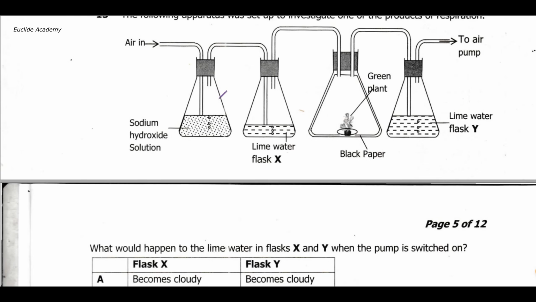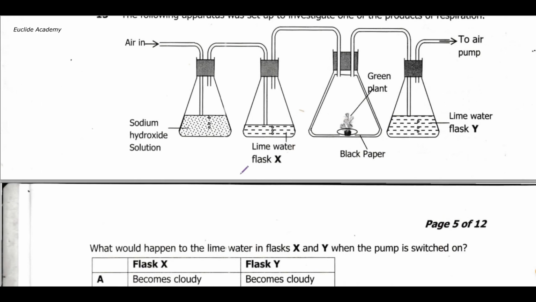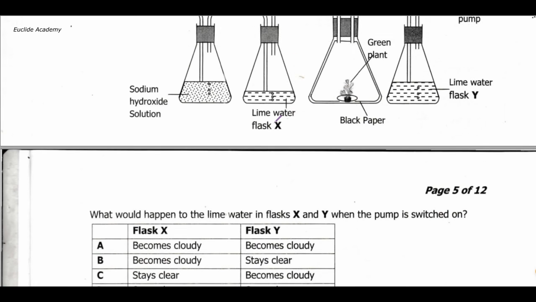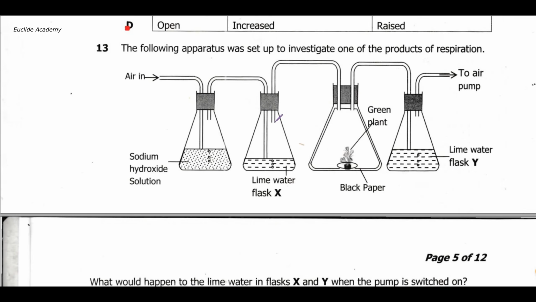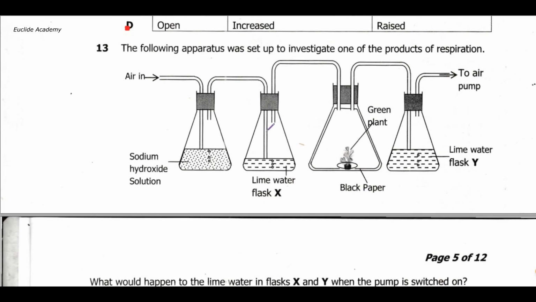So we expect this air not to have carbon dioxide, and as it comes here, we don't expect the lime water to do anything because there's no carbon dioxide. The test for carbon dioxide is that it makes lime water cloudy. So X, we expect it to remain clear. So A and B are already eliminated. We've got C and D.